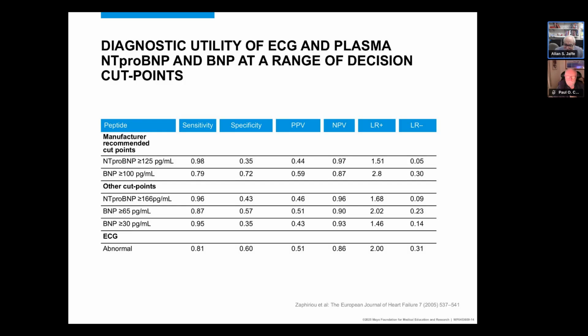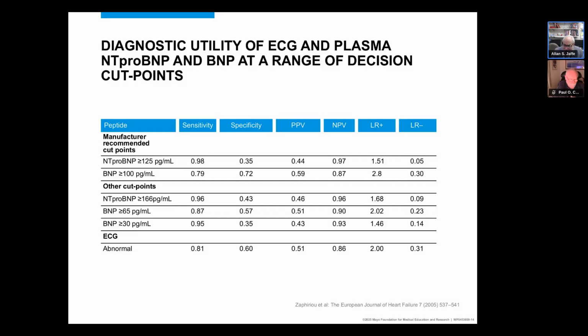These actually are not terribly irrational. This is an analysis of the cut points and the sensitivity and specificity. And what you can see is that these cut points for outpatient heart failure give you good sensitivity, but please note they have substantial difficulties giving you very much specificity.